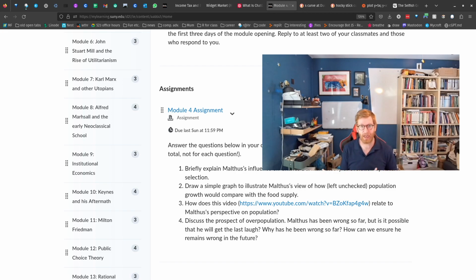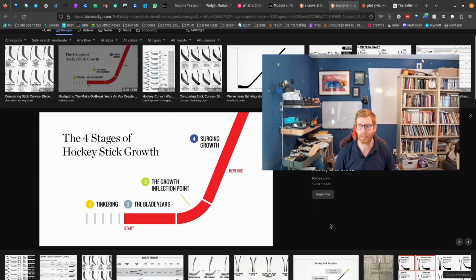And then a negative feedback loop is where you get more of something and then you get some offsetting force. So Malthus's idea was that you have this positive feedback loop in population: more people breeding means more babies, means the population grows at a geometric rate. Essentially what Malthus was seeing is what we could call the hockey stick curve.